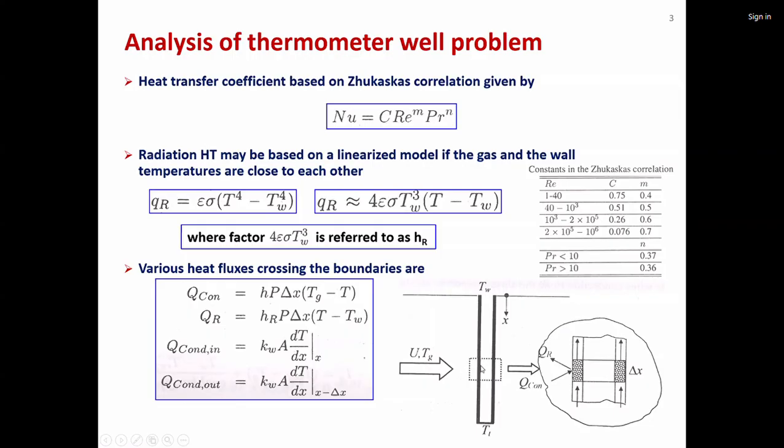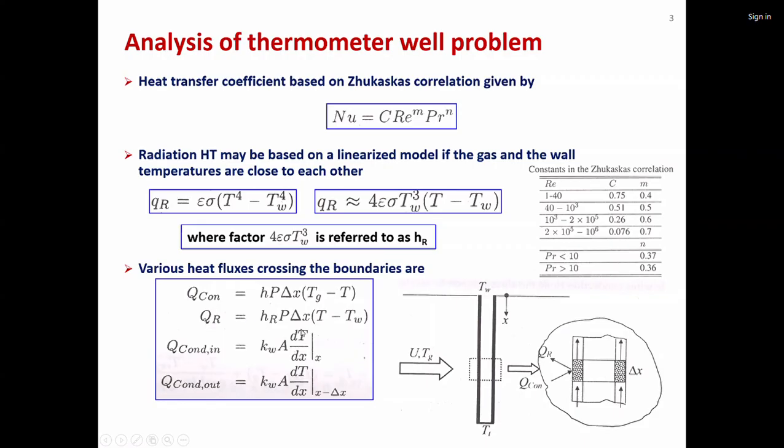P is the perimeter. So this T gas minus T basically goes into the cylinder by conduction.